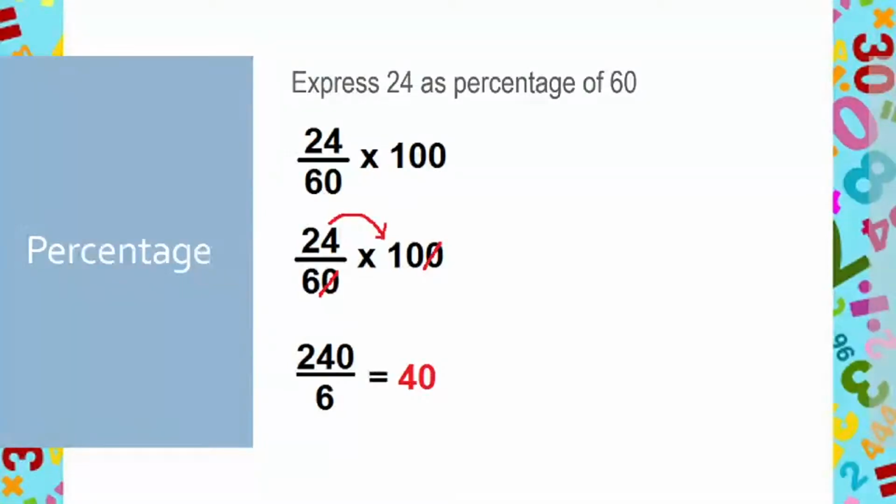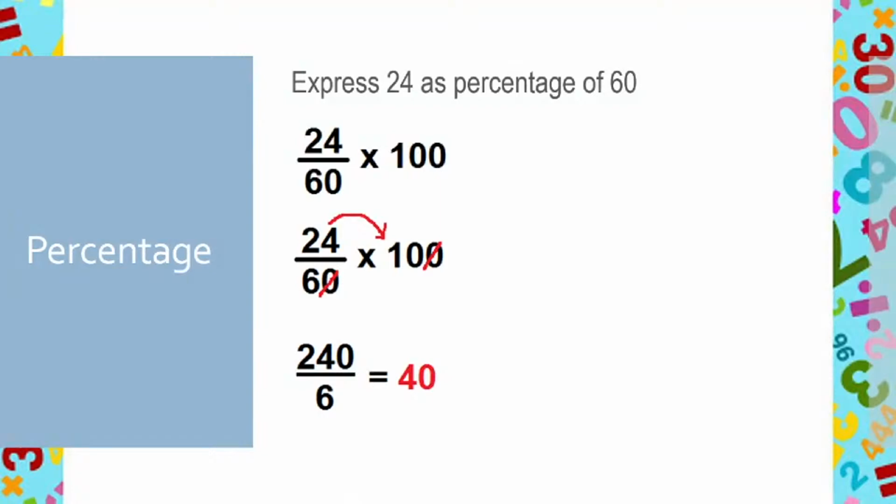Since you are finding a percentage, you have to multiply it with 100. Then you use the concept you have already learned about multiplication of fractions to complete this percentage calculation. When you simplify this, you get 40%. So expressing 24 as a percentage of 60, your final answer comes as 40%.